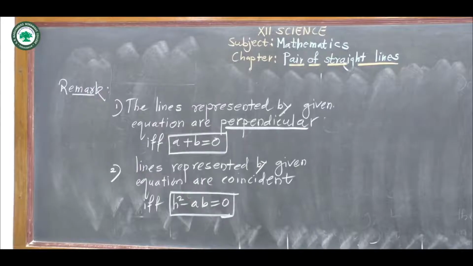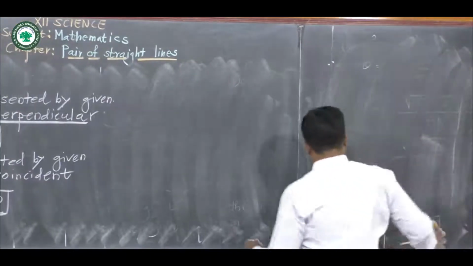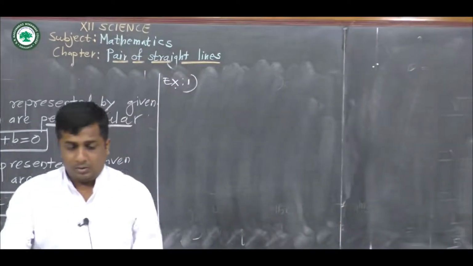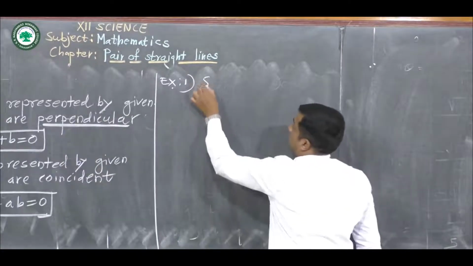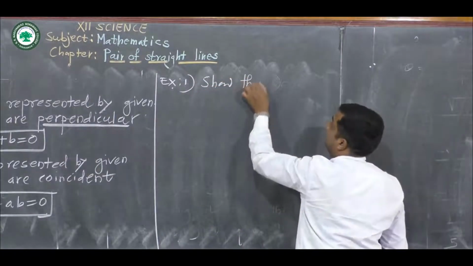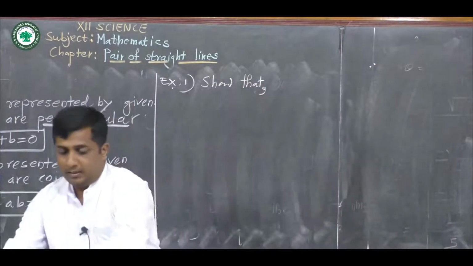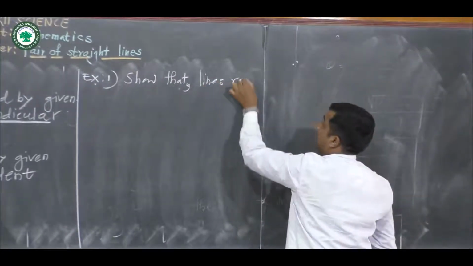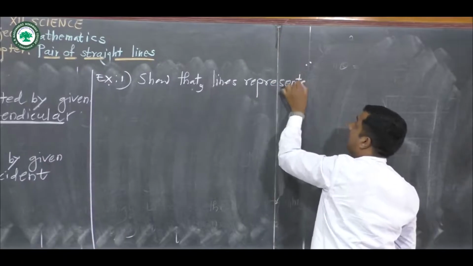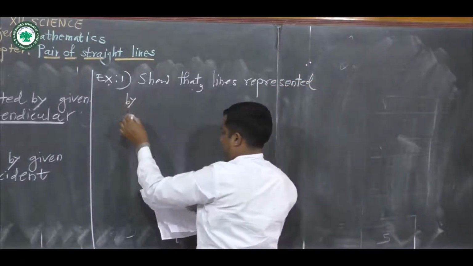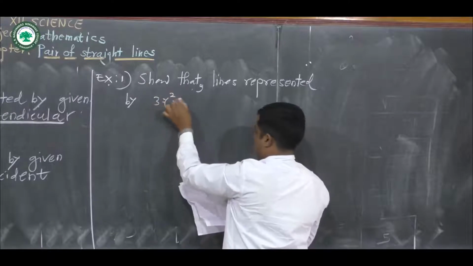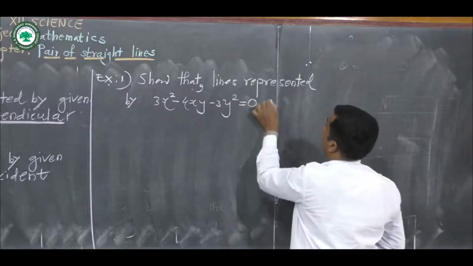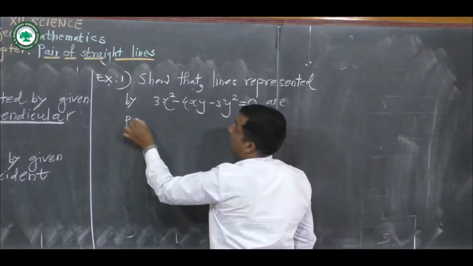So in first, we consider example first. Show that lines represented by 3x square minus 4xy minus 3y square is equal to 0 are perpendicular to each other.